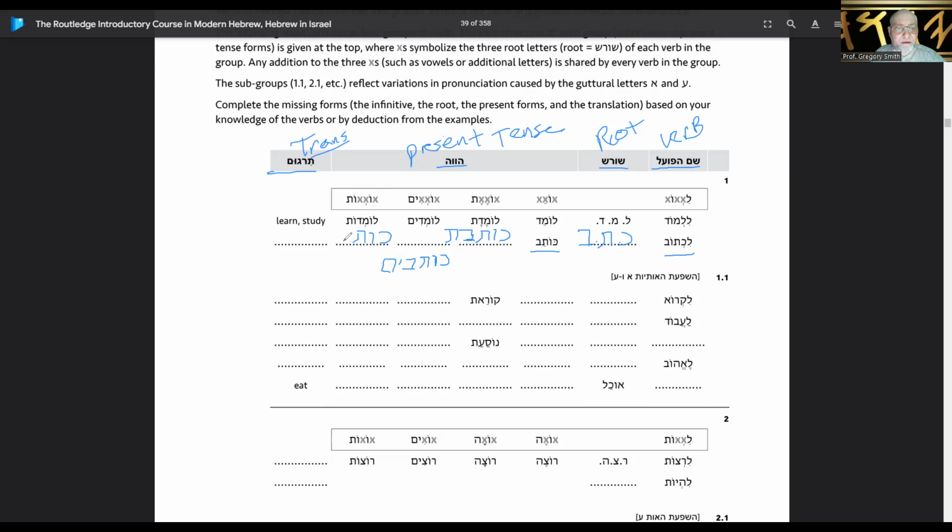Tav, and then a vet. And then let's see, what would that be? Would it be another holem and tav? Kotvot. That's not kotevet. I'm pretty sure it's kotvot. And this would be to write.